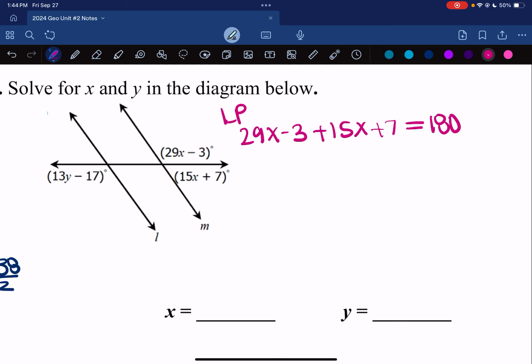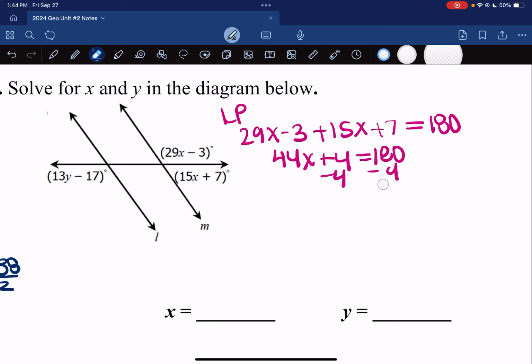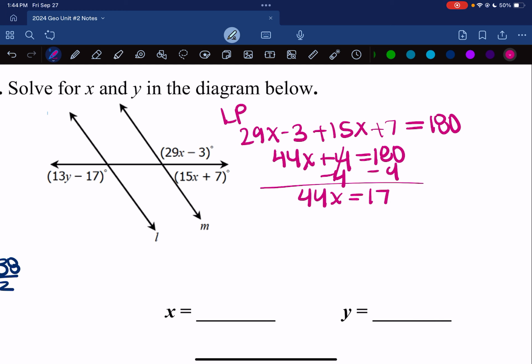If we combine like terms, we have 44x plus 4 equal to 180. Minus 4. So we have 44x equals 176, divided by 44. And we have x equals 4.